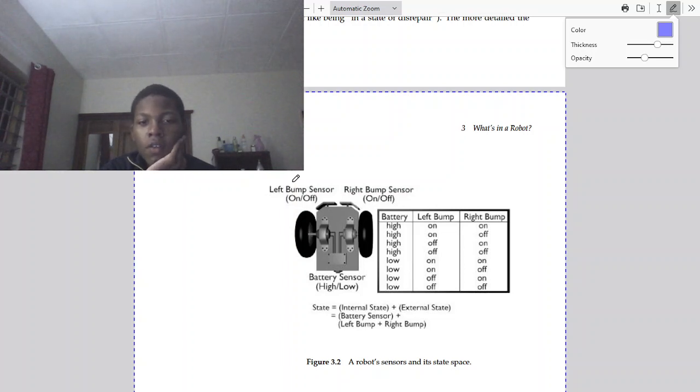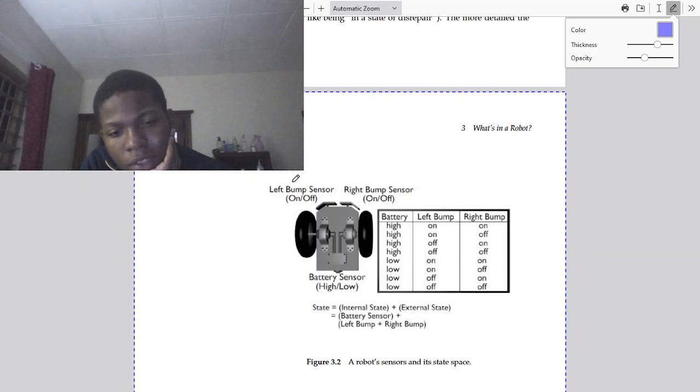So let's say you can only have 4 different internal states and you have 2 external states, then it would be 2 times 4, kind of like a math equation. Does that work, or am I just being dumb?